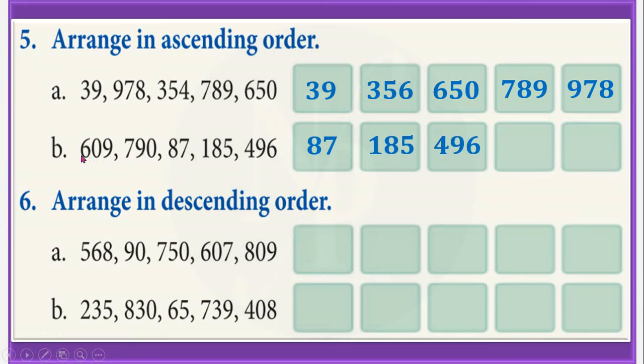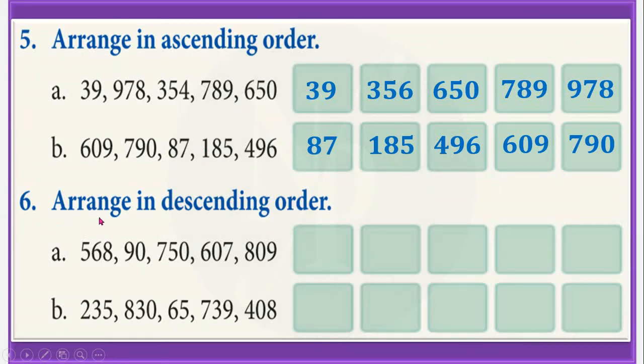We have 6 in hundreds place here, 7 here, so it will be the next smallest number. So it will be 609 in the fourth box here, and finally 790 is written in this box. So we have arranged the given numbers in ascending order, which is also called increasing order.